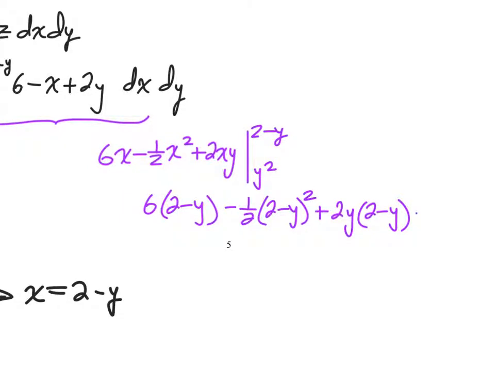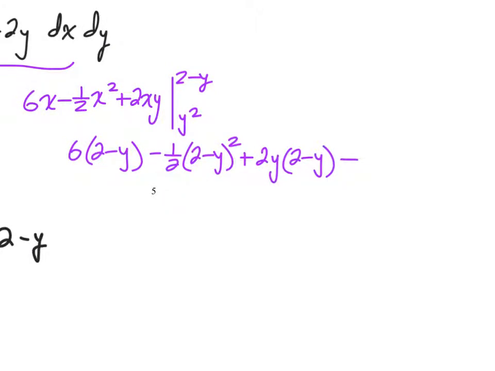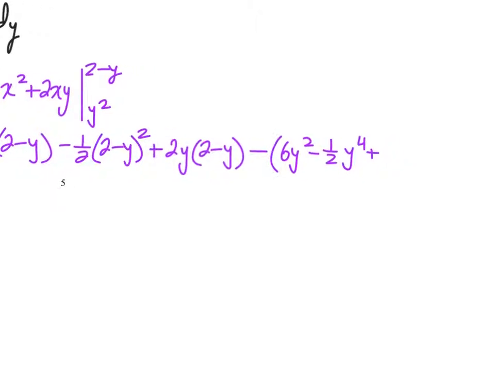Thanks. Minus 6y squared minus 1/2 y to the 4th plus 2y cubed.